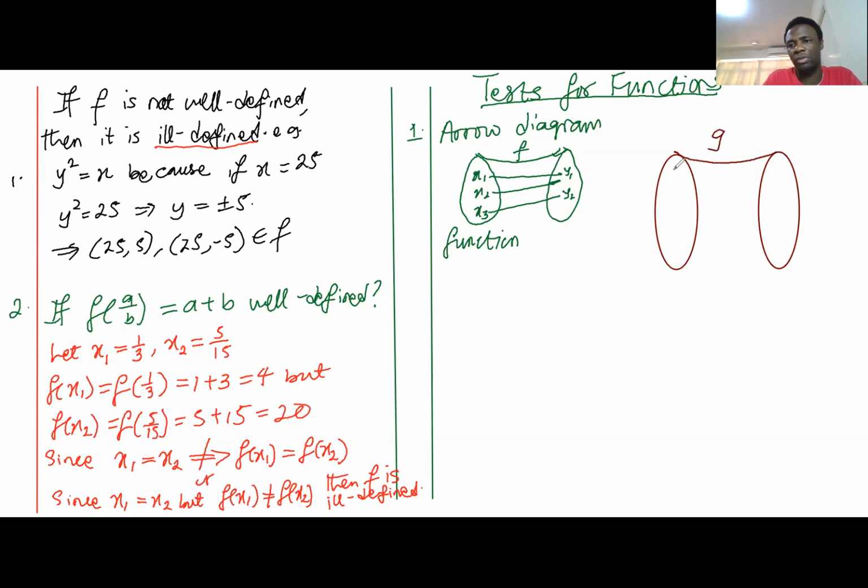This is my G. Then I have x1, x2, x3, y1, y2, y3. Then I have this, and I have that. Can somebody tell me why G is not a function? Anyone, please? Why is G not a function?